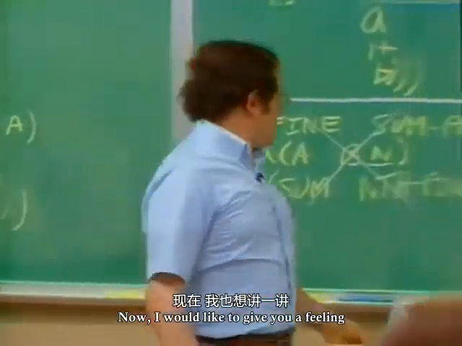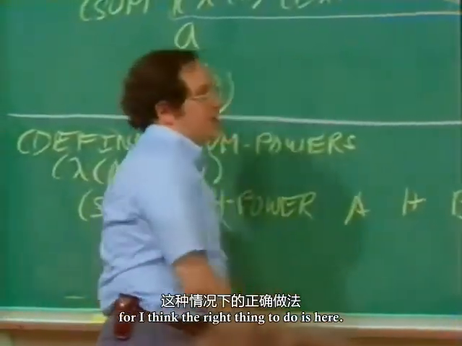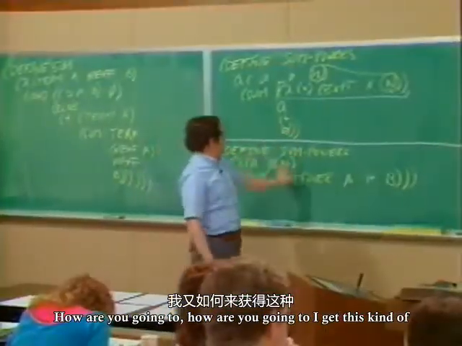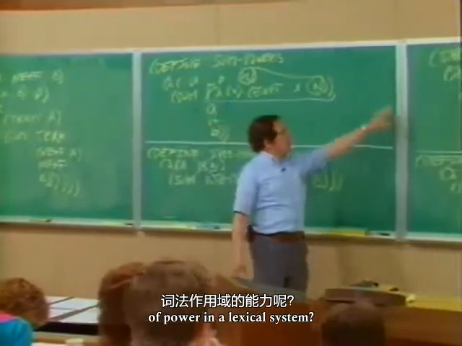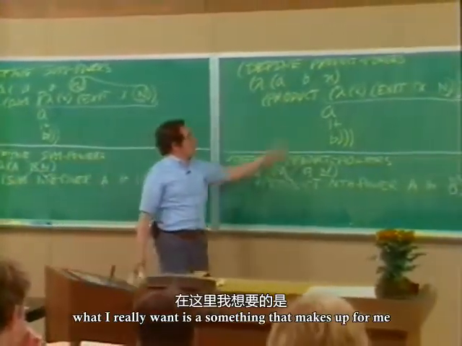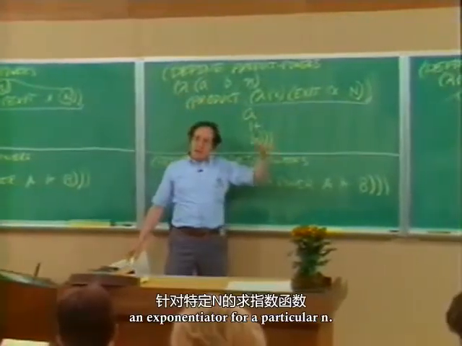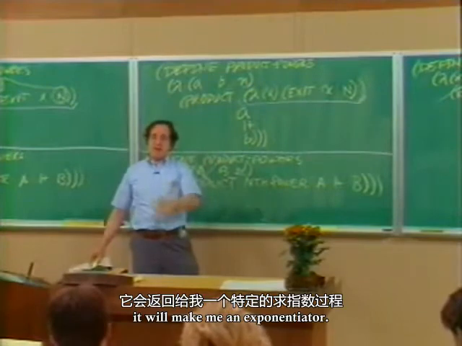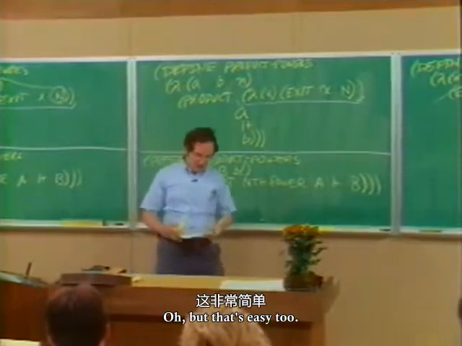Now, I would like to give you a feeling for what I think the right thing to do is here. How are you going to get this kind of power in a lexical system? And the answer is, of course, what I really want is something that makes up for me an exponentiator for a particular n. Given an n, it will make me an exponentiator. Oh, but that's easy too.